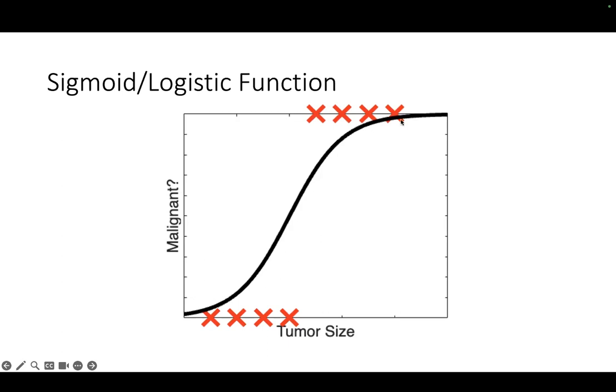Pero dito, sa sigmoid logistic function, makikita nyo na kagad na okay, sasabihin nito na for values less than 0.5, non-malignant siya. And for values greater than 0.5, then malignant siya. And notice that if we add a data point here, it doesn't change the sigmoid or logistic function that much. Okay, it will still have the same shape.